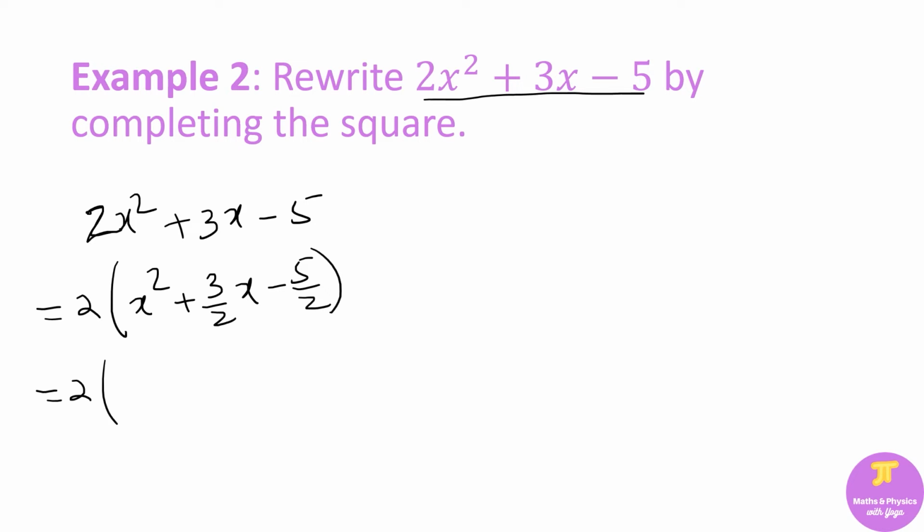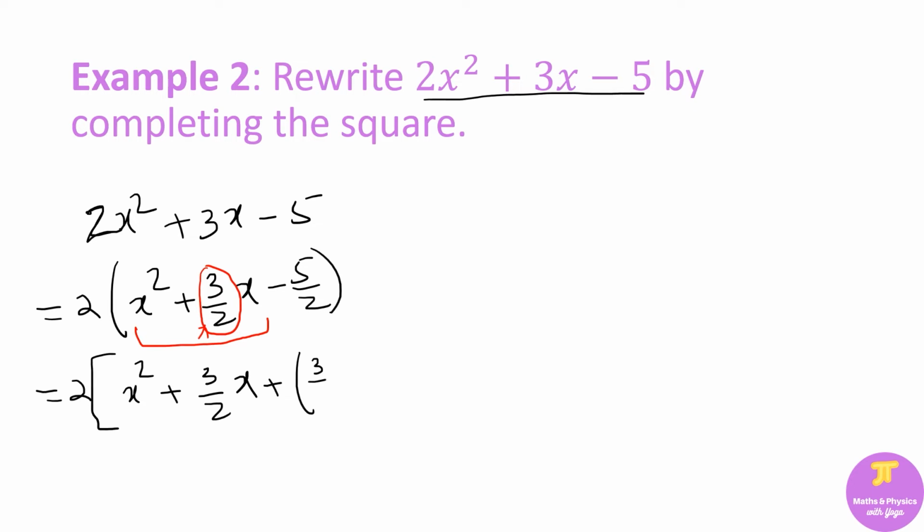Now if you look at this function, if you want to complete the square, we need to half this value and square it. So what we are going to do is write x squared plus 3 over 2 x plus (3 over 4) squared.